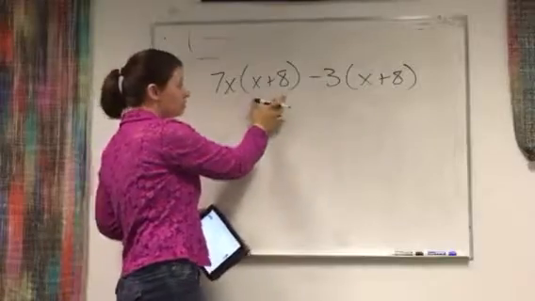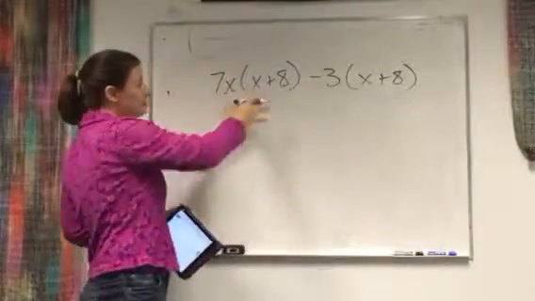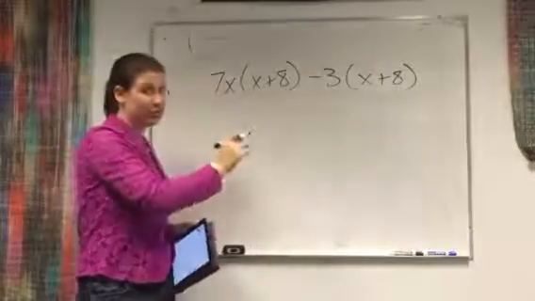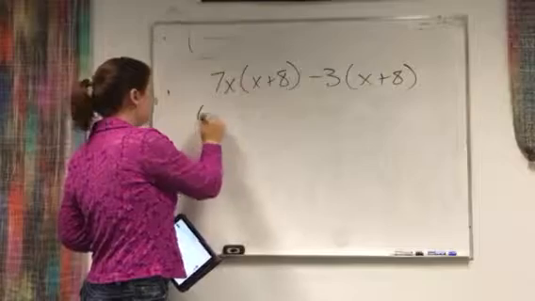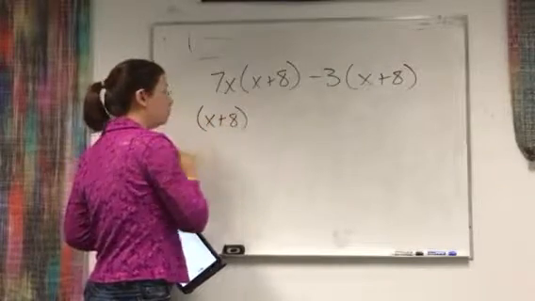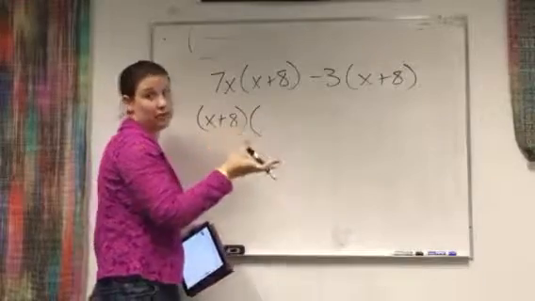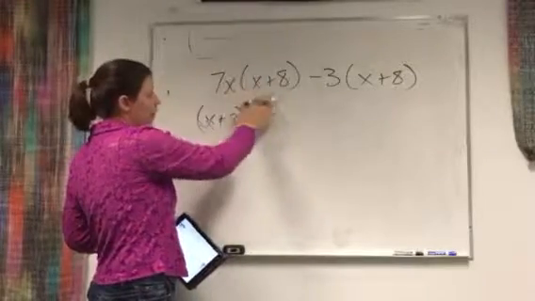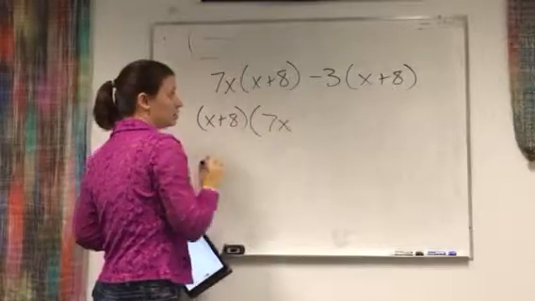Now we notice they have the same factor group, right? So because it's in both terms by multiplication, that means we can factor it out. If we factor (x plus 8) out, well, we're left in each term with what? Well, this one, if we take away the (x plus 8), we're left with 7x.